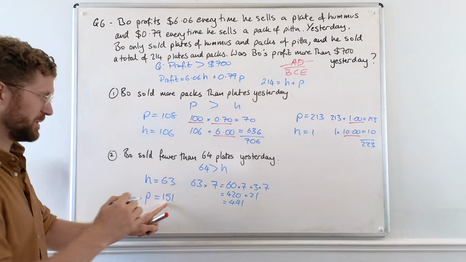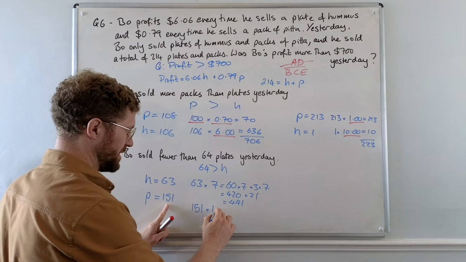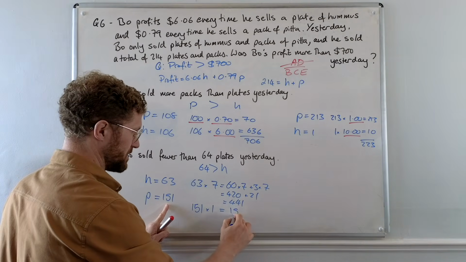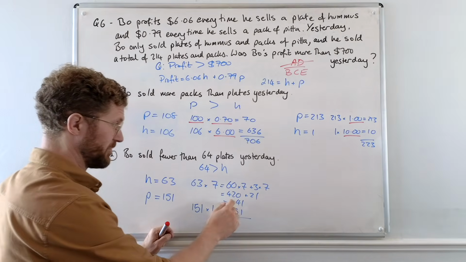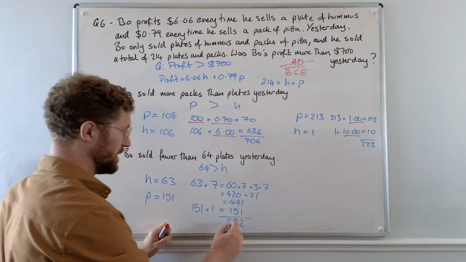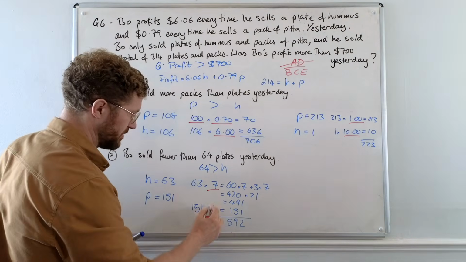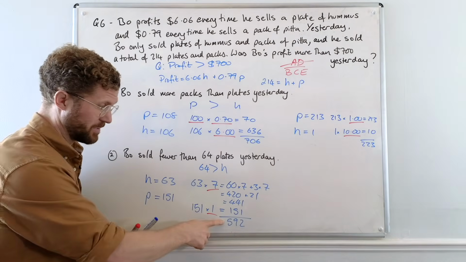Now I've got quite a bit of room here. For the packs of pita, I've got 151 of those, and let's say Bo profits by $1 for each of those. So Bo's profit for his packs of pita is 151, which gives me a total of 441 plus 151, which is 592. I've overestimated those values, and what has come out is 592.